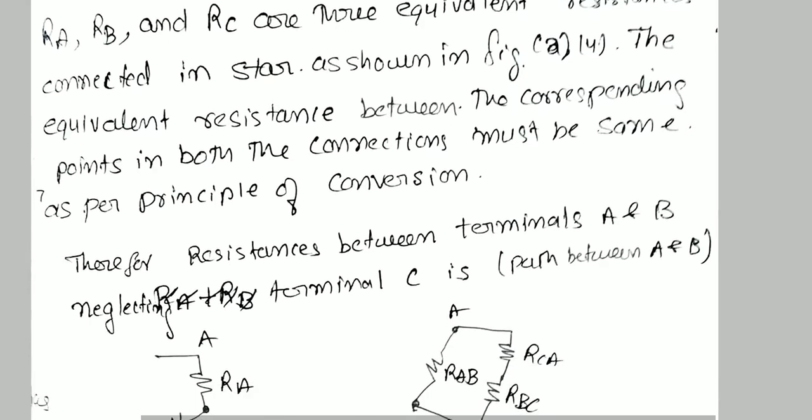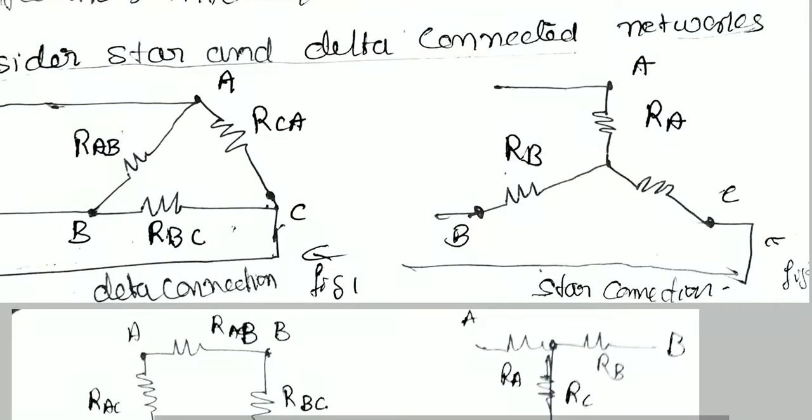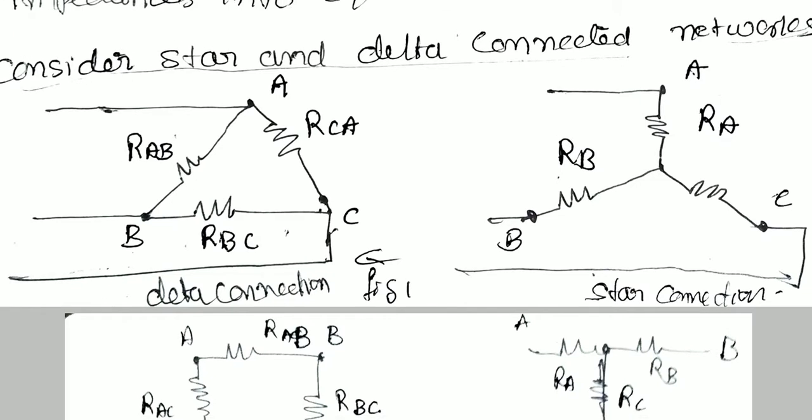Therefore, the resistance between terminals A and B, neglecting terminal C, can be obtained. The resistance between A and B is nothing but the path between A and B. If I want to move from A to B, I can move through the RAB resistance, or I can move through RCA and RBC.